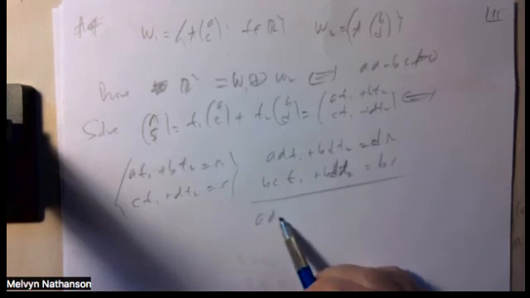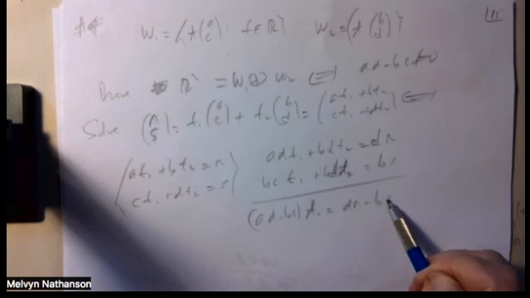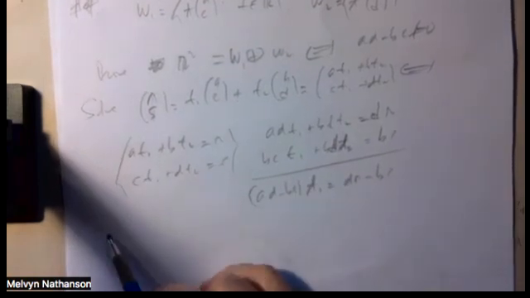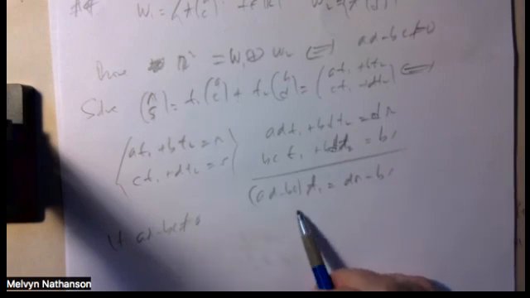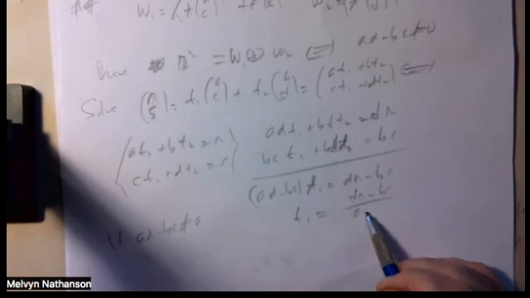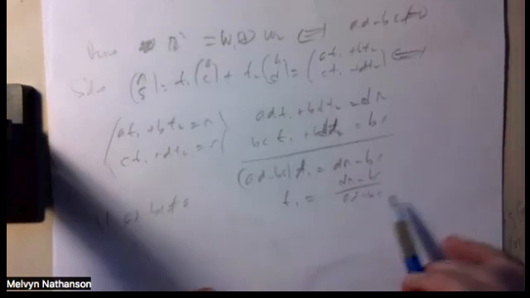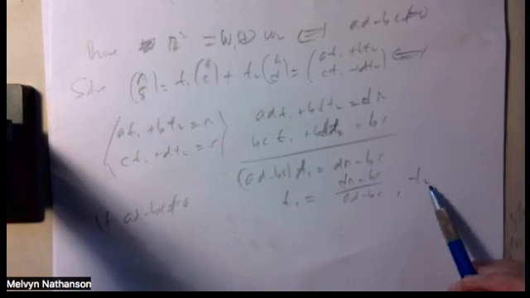Subtract, I get (ad minus bc) t1 is dr minus bs. So if ad minus bc is not 0, I can divide by it, and I get a value for t1, and similarly, I get a value for t2.